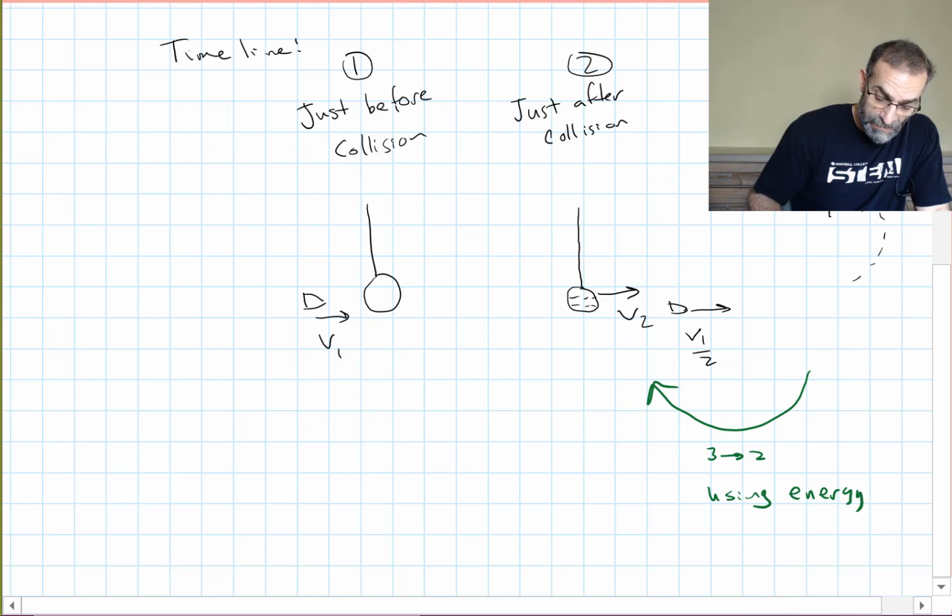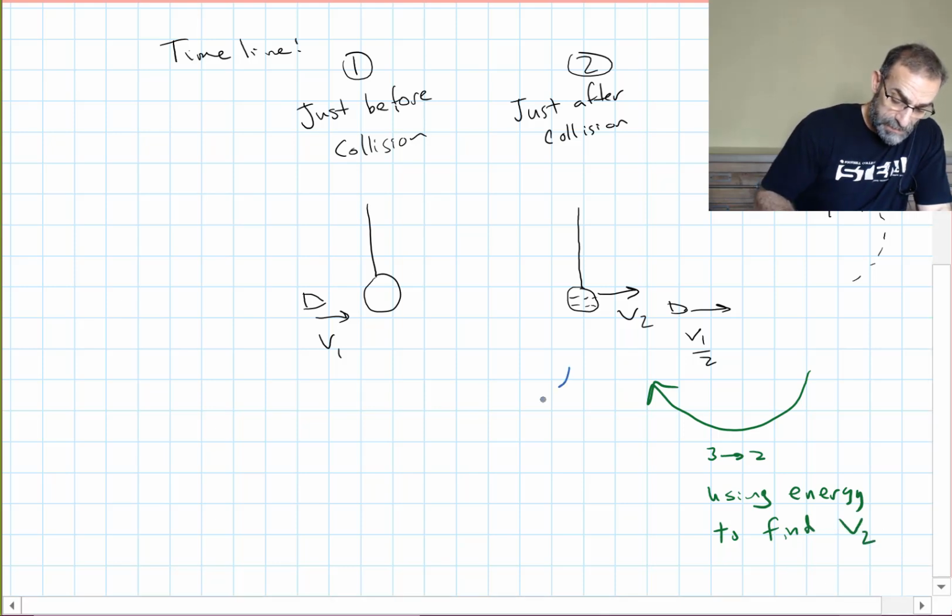And that's going to tell us what V2 is. And then we're going to go through the collision. We always use momentum to get through the collision.